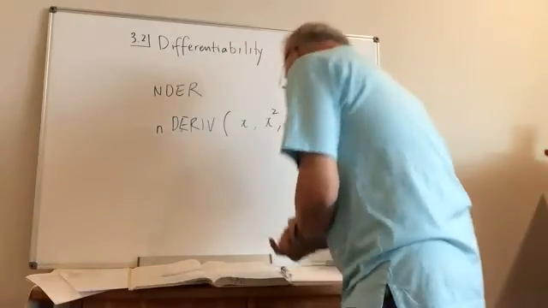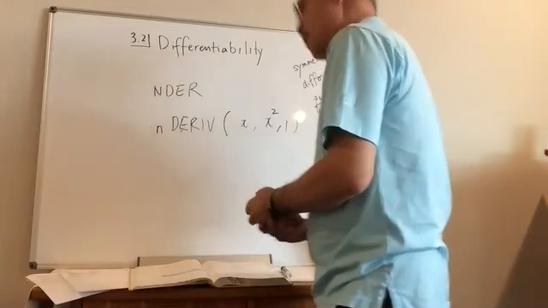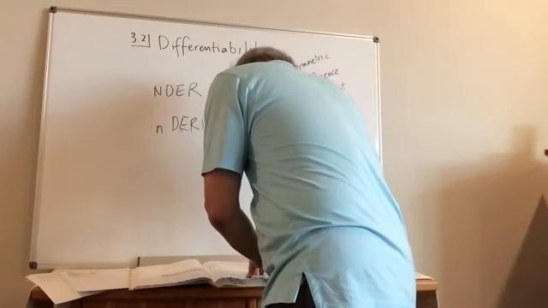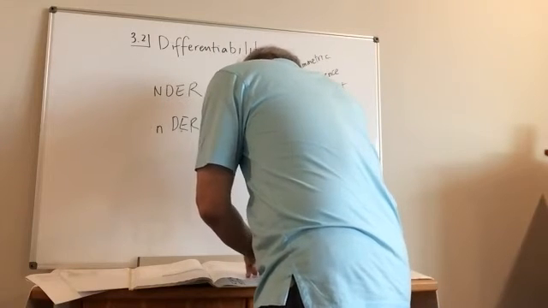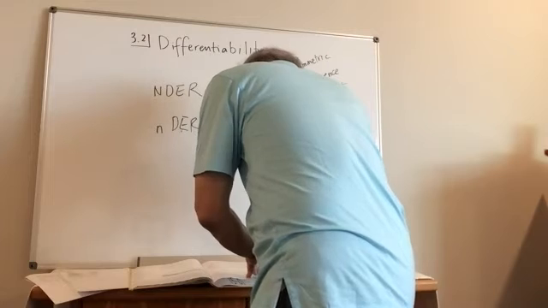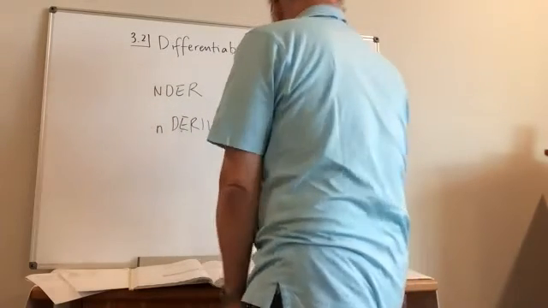So on page 115, it says differentiability implies continuity. Theorem number 1: if f has a derivative at x equals a, then f is continuous at x equals a.